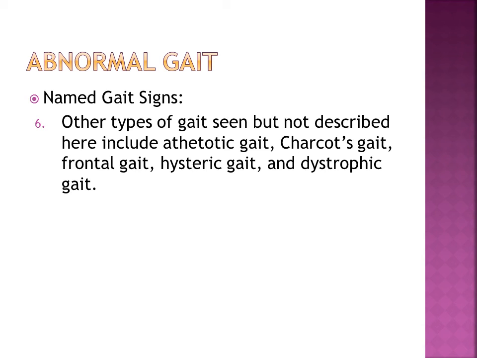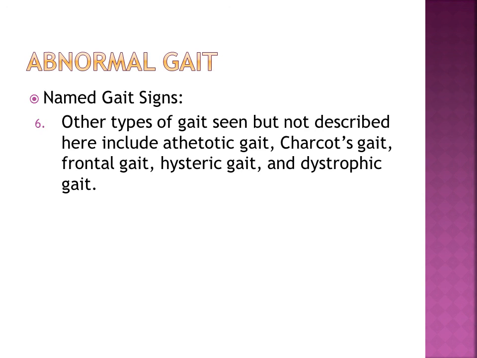And you'll see these and other types of disturbances in gait. And there are many other different named gait signs that we won't really go into here, although you may have heard of these, and you may even see these, although probably not as much in an industrial setting or with your injured workers. Examples would include a hysteric gait, an athetotic gait, perhaps a Charcot gait due to trauma and degenerative change of lower extremity joints, particularly in the foot.